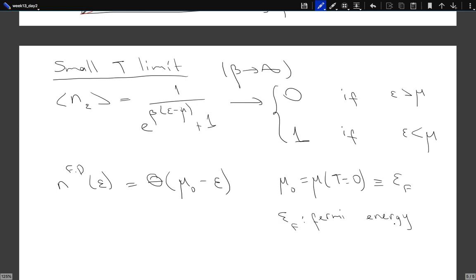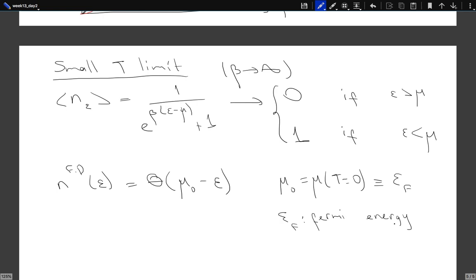So all the levels up to a given energy will be occupied, and none of the energy levels above that will be occupied. So that's basically what this tells me: all the energy levels are filled up to the Fermi energy at T equal to 0, and none of the levels above the Fermi energy are filled.